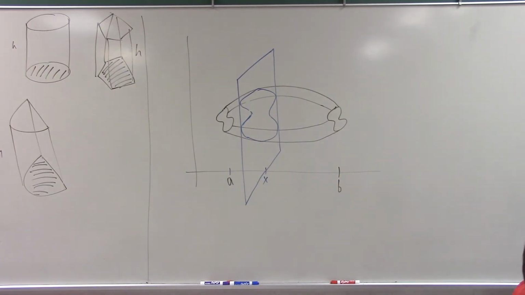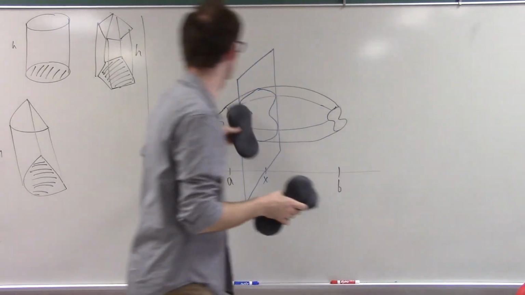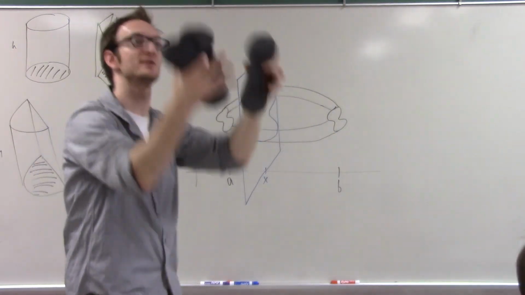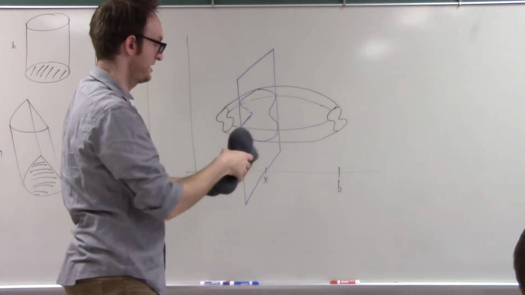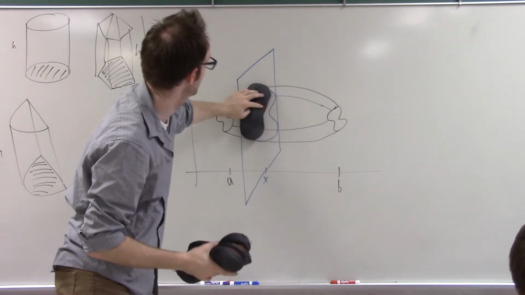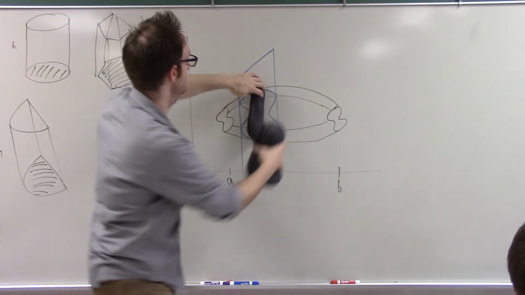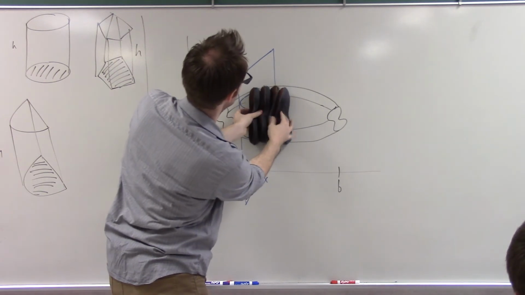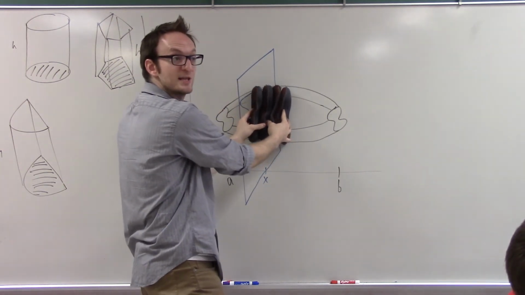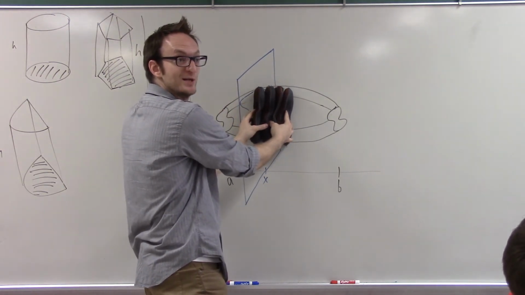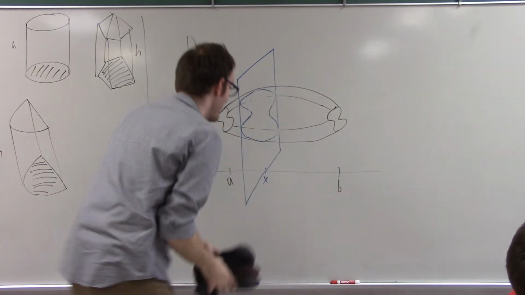Okay, one more, please. It kind of looks like a cross-section, a tuna steak thing. It's going to look a little bit like this, right? And so what we're really doing is decomposing this fish into a bunch of tuna steaks.